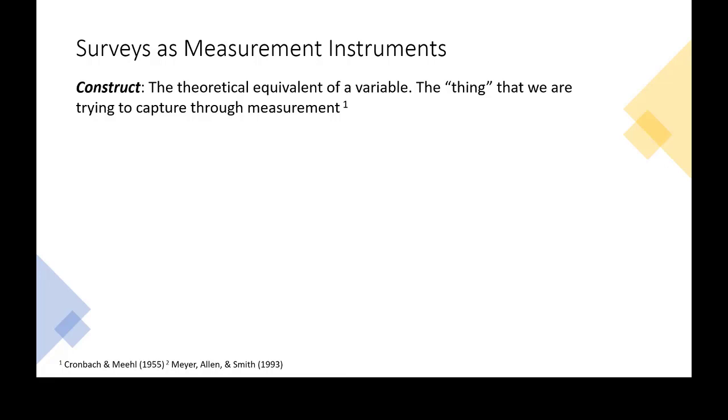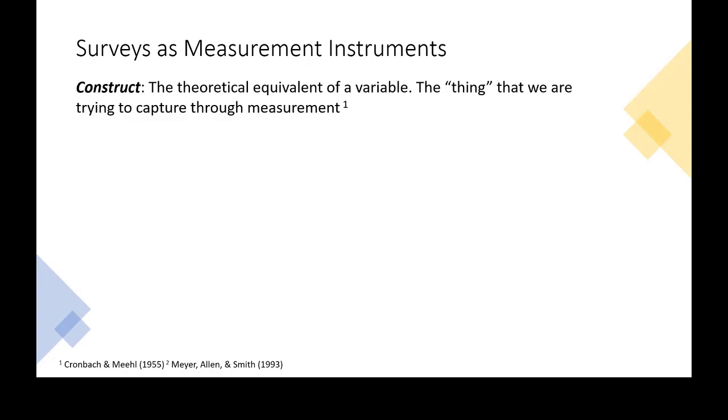It's some sort of thing that we are trying to capture through measurement. Constructs can be as straightforward as age or race, but especially in the context of factor analysis, we're usually looking at more complex types of psychological constructs. These can be things like people's beliefs, their attitudes, their perceptions of themselves, of where they work, of who they work with, things like that.